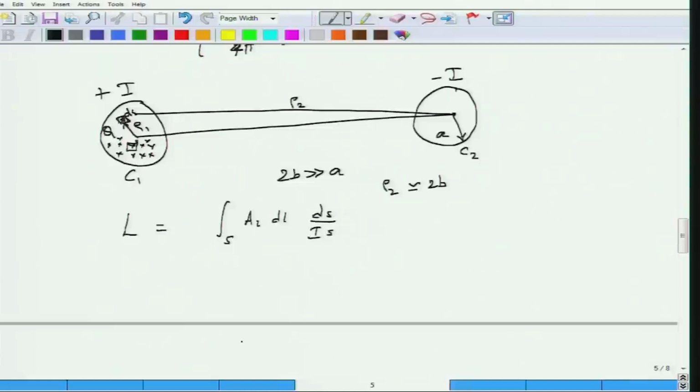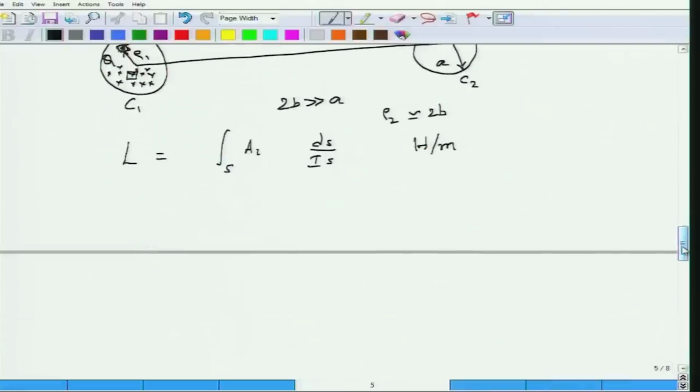So, this is the integral that I am going to evaluate. As I said, I have removed the outer integral because that would be only integration along the z axis, and we are going to consider integration for 1 meter. Okay. So, when I remove that integral, the dl will also go, and I am only left with A dot ds by I, and this inductance will be in Henry per meter.